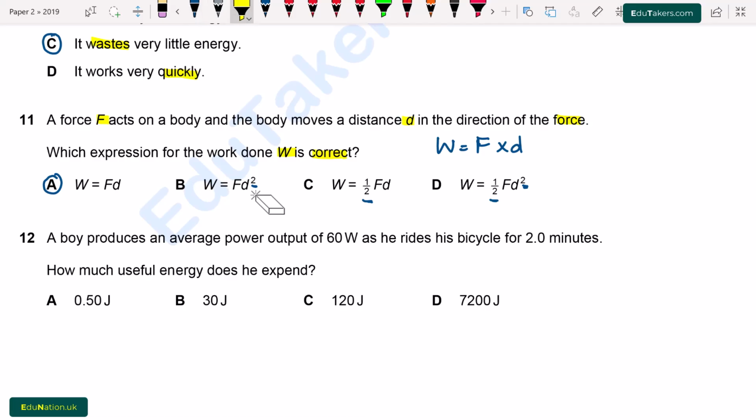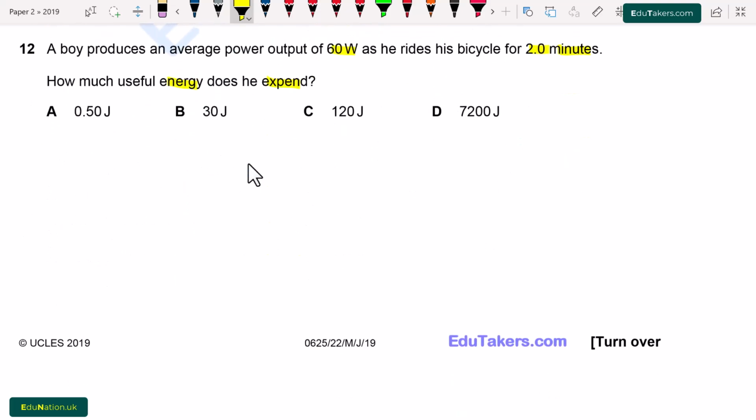Question number 12. A boy produces an average output power of 60 watt as he rides his bicycle for 2.0 minutes. How much useful energy does he expend? So here we have to find out the useful energy. We know that power is the rate of transfer of energy. So power is equal to energy over time.